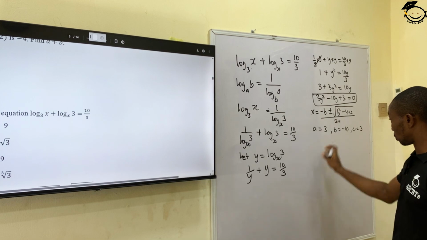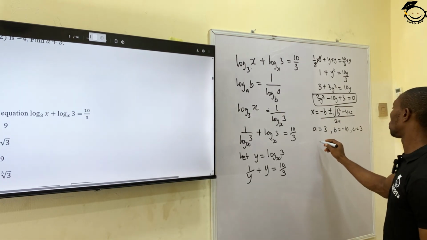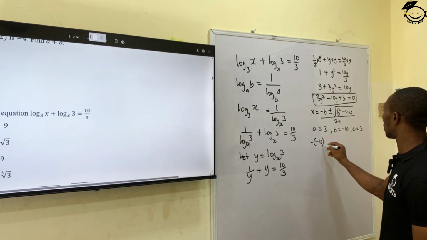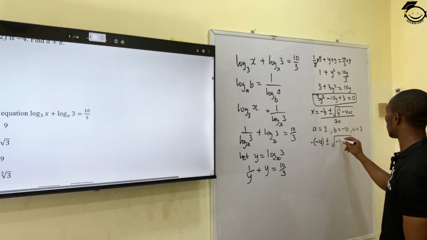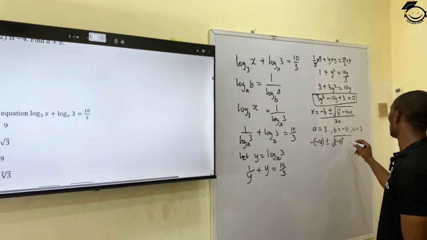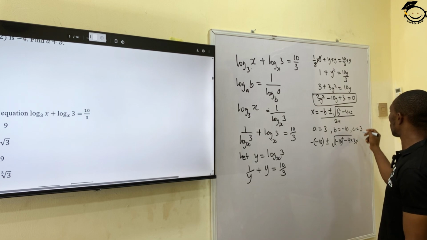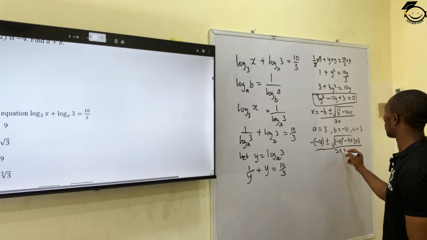Substituting these values, we have minus of minus 10 plus or minus root minus 10 squared minus 4 times a, which is 3, times c, which is 3, all over 2 times 3.